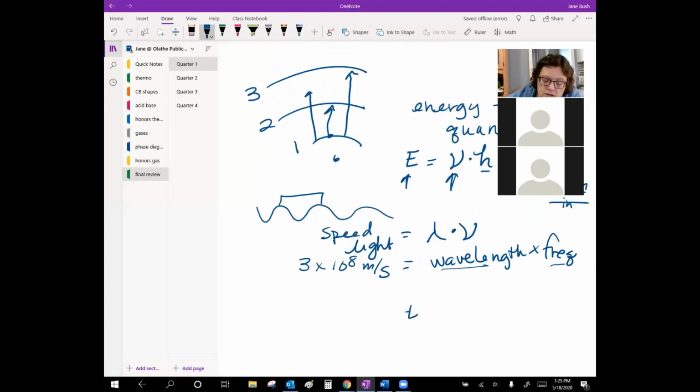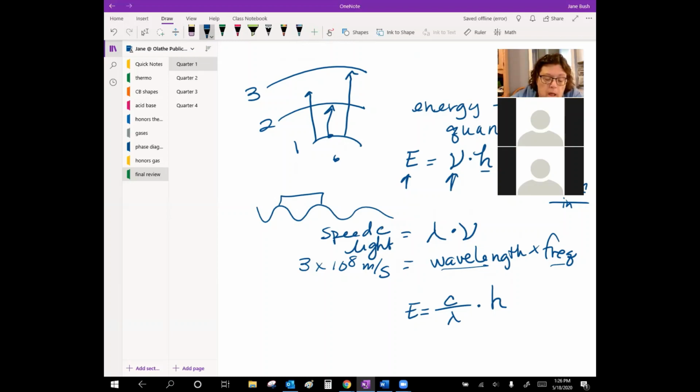So energy would be equal to the speed of light, which we use the letter C for, divided by wavelength, because speed of light divided by wavelength is going to be frequency, times Planck's constant. And that'll be given to you, 6.63 times 10 to the negative 34th joule seconds. And like I said, that'll be given to you. So that's what all this math is.